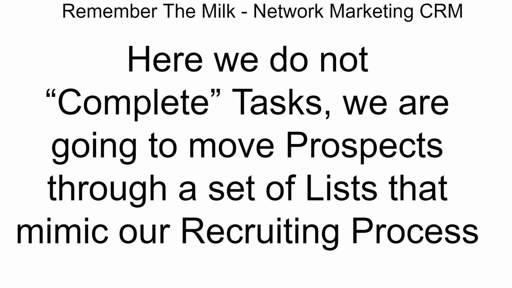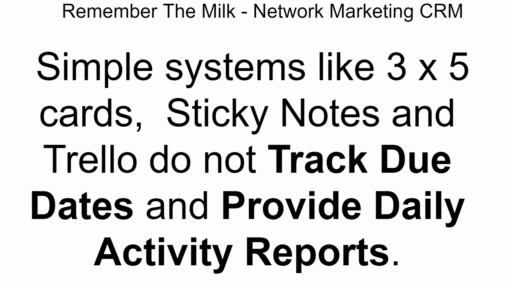We simply move them through a series of lists that mimic our recruiting process, and you'll see that as I go along. Simple systems like the 3x5 cards and sticky notes and Trello can track where a person is in this sequence, but they do not track due dates very well, and they don't provide daily activity reports.